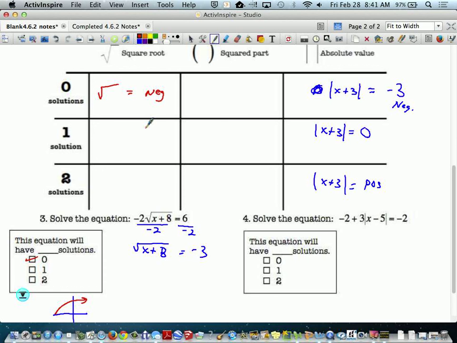No, so you'll never get 2 solutions there. 1 solution if it's 0 or more. Stuff like that. Quickly, with somebody sitting near you, solve number 4. Key to it: get your absolute value all by itself.